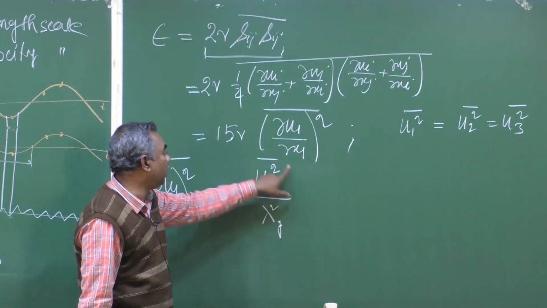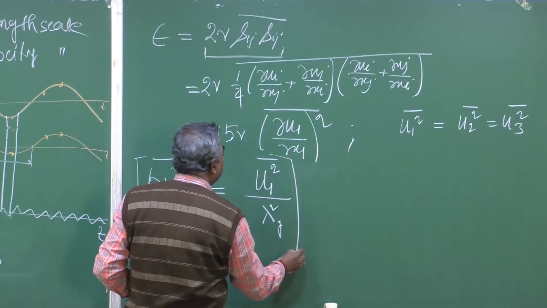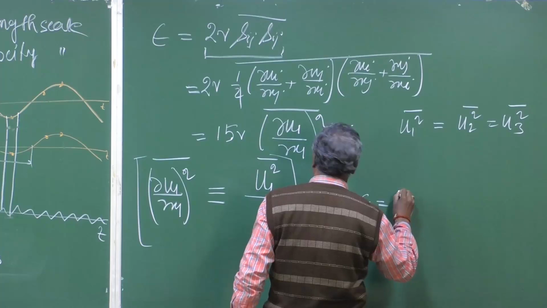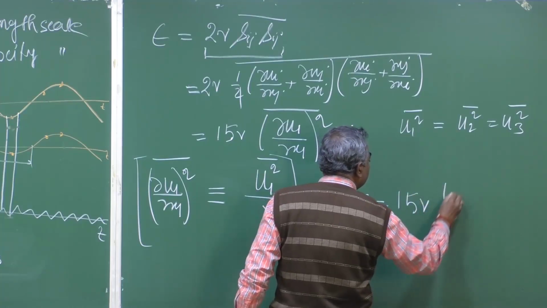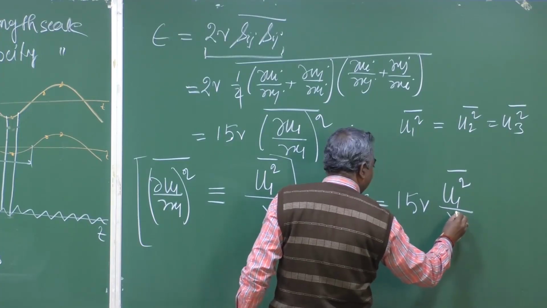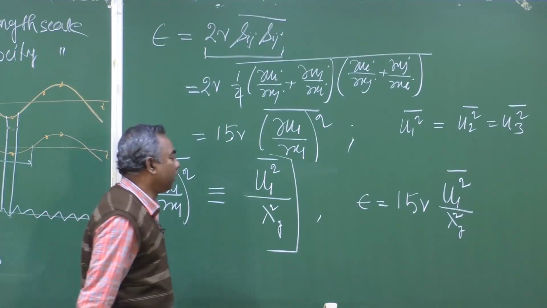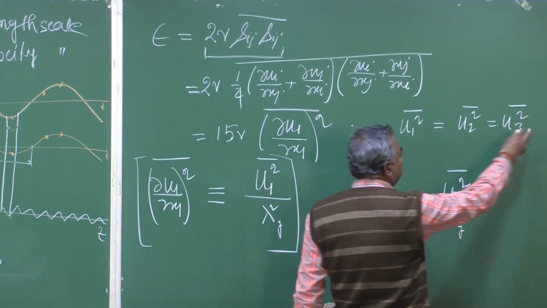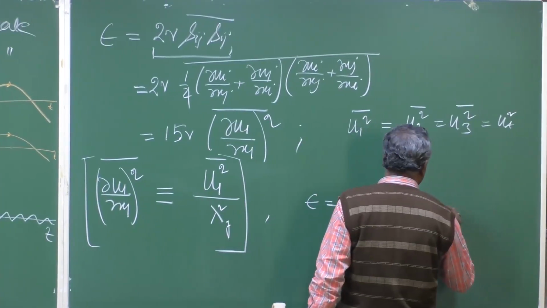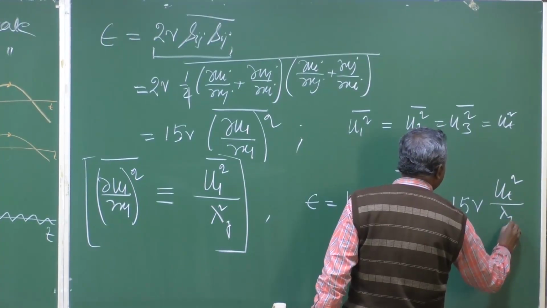So, if we consider this definition, then the epsilon expression becomes 15 nu u1 square bar over lambda g square. Since the turbulence is isotropic, this equals u t square. Okay. So, this is nothing but 15 nu u t square by lambda g square.